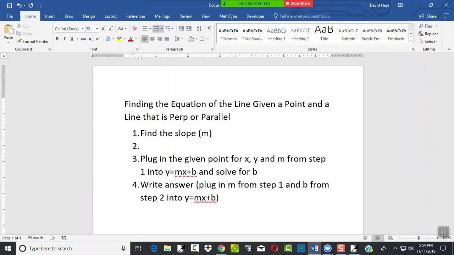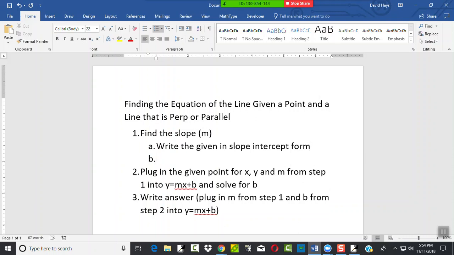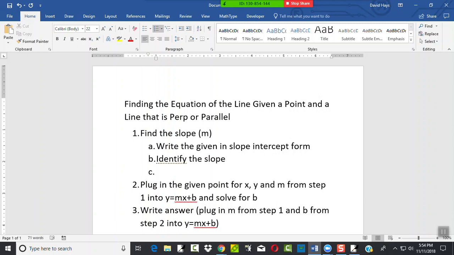Step 1 is to find m. That hasn't changed, but it's got a sub-step. It says to write the given line in slope-intercept form. Solve for y. Then identify the slope. If it's in slope-intercept form, your slope is whatever's in front of your x. Then, at that point, we want to find our m.